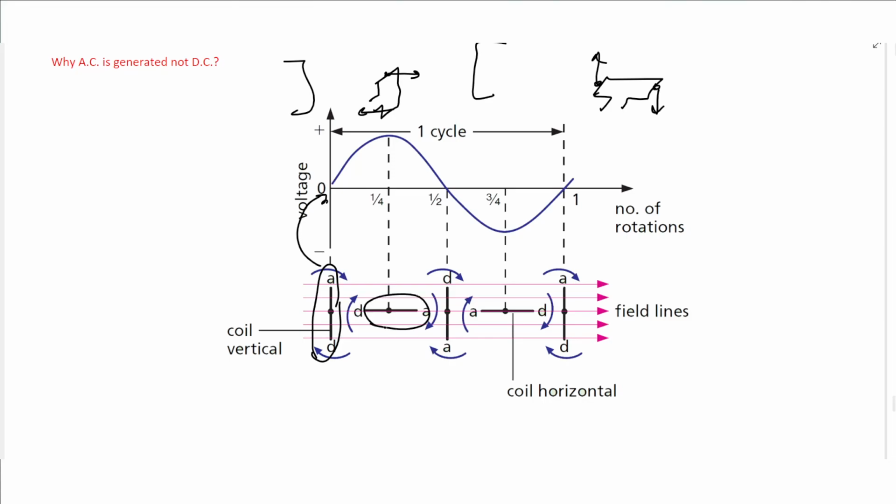If the coil is horizontal, you get maximum voltage. If the sides of the coil are reversed and it's again horizontal, it is maximum voltage but negative, in the opposite direction. And whenever the coil is vertical, the voltage is zero. So vertical gives zero, horizontal gives maximum.